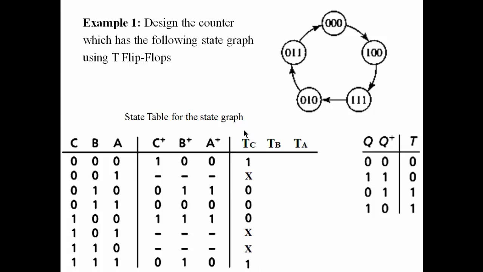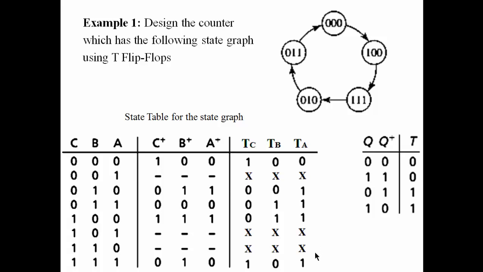So TC deals only with C and C plus. Similarly, TB deals with B and B plus. And TA deals with A and A plus. As we can see, this is the full table.